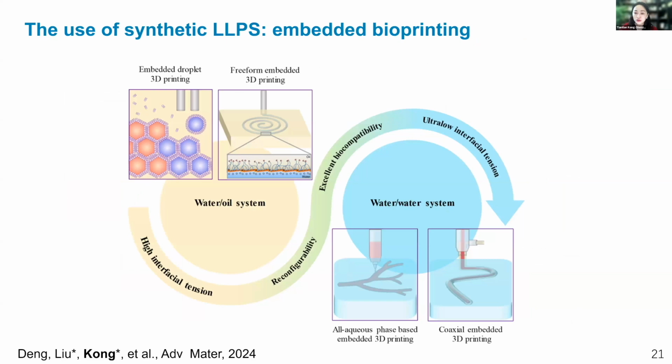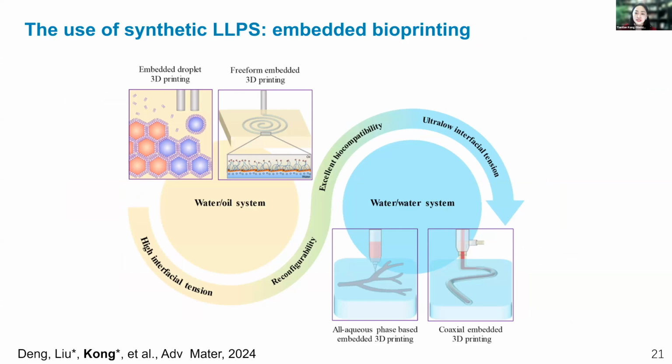Next I want to share a little bit on how we use this phase separated system for bioprinting. Typically when you extrude soft bioinks layer by layer, they cannot support their own weight, especially when you do upside down or overhanging structures. Stiffer inks can do that, but that's not ideal for living cells.